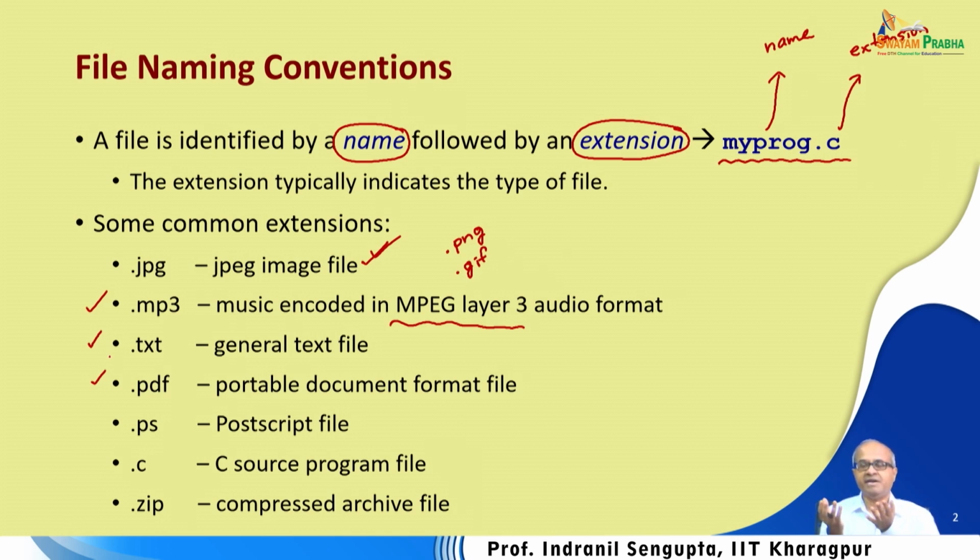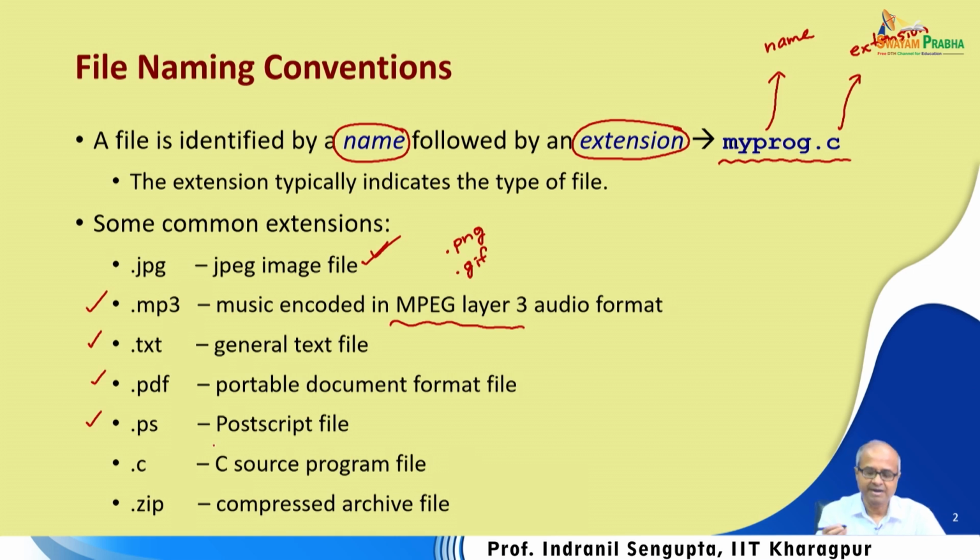You can create a PDF out of almost anything, a document, an image, a multimedia document, and you can share. Similarly, there is another format called PostScript file. This was designed mainly for use with some sophisticated printers.